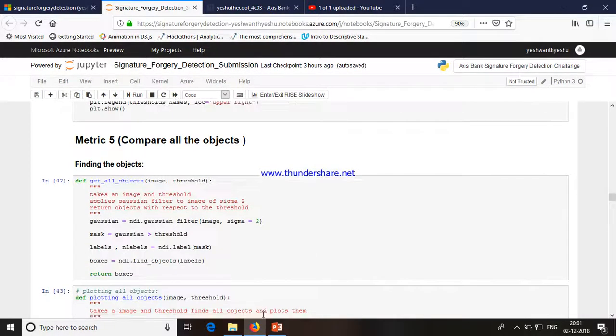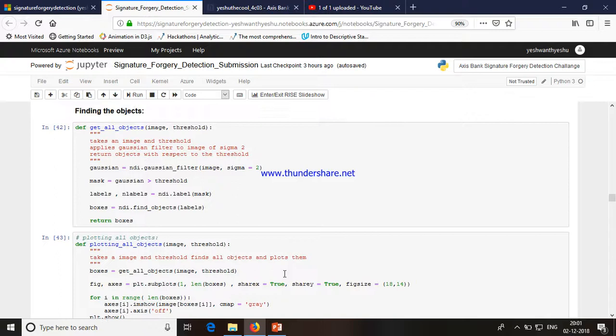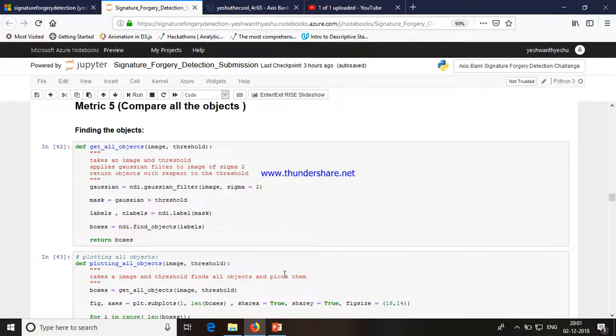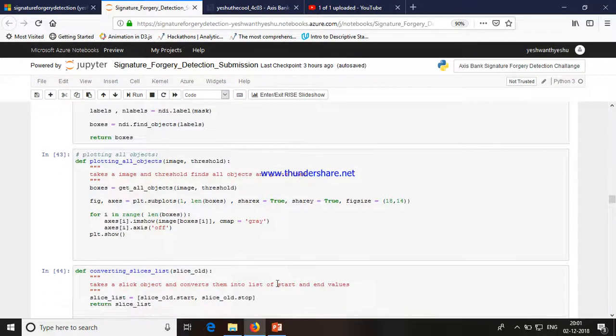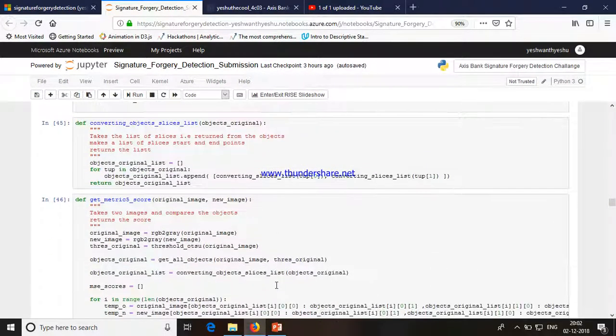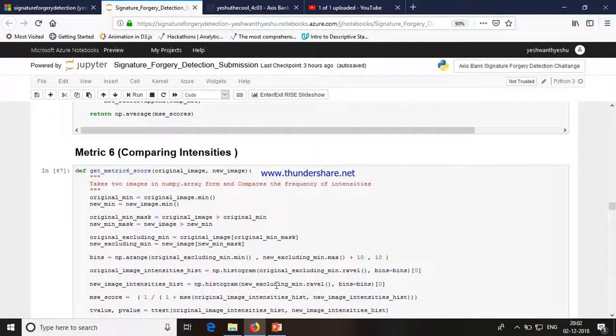And we compare all the objects. The traditional way of comparing the letter proportions is implemented in this method. We extract all the different objects, and then we compare each object. And then in this method we compare the intensities.